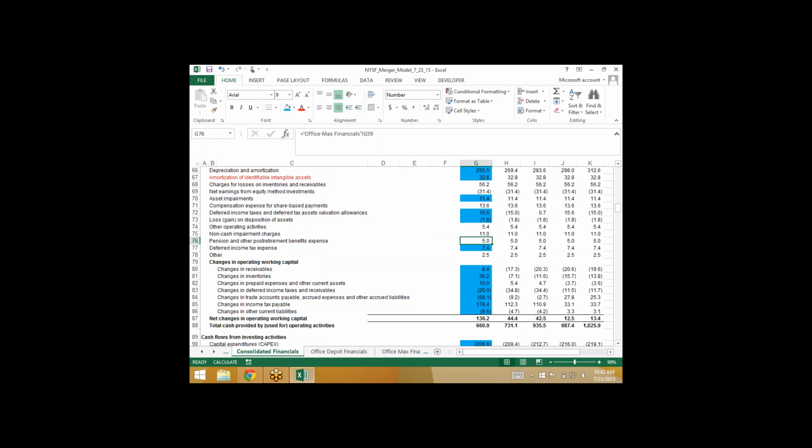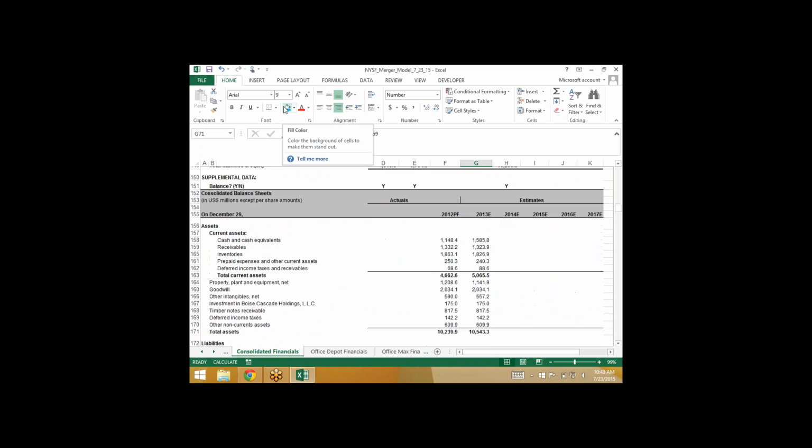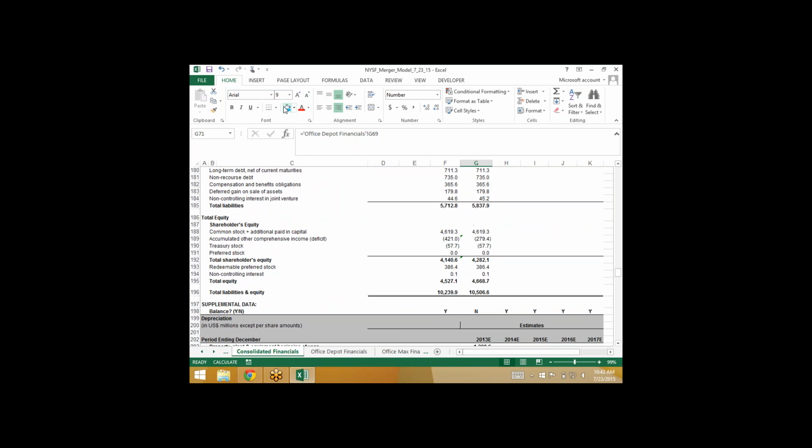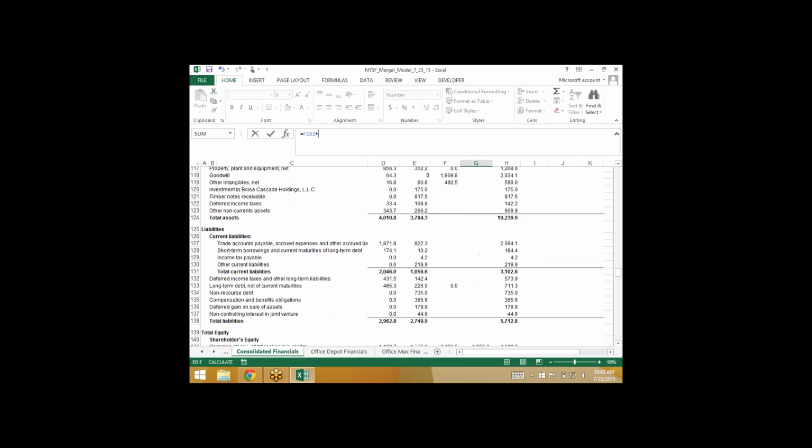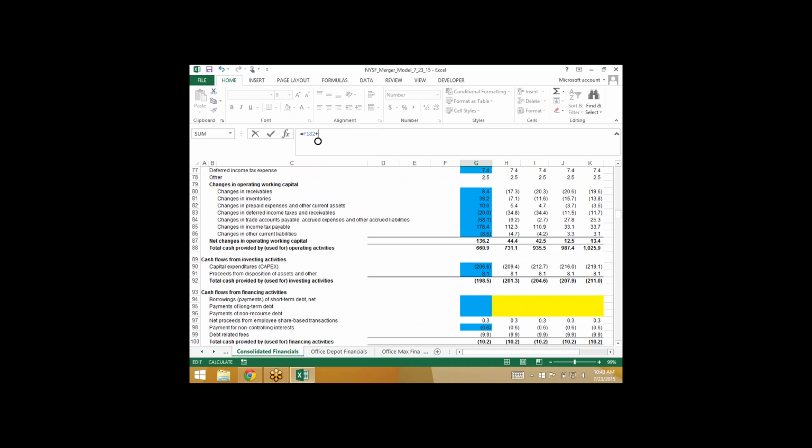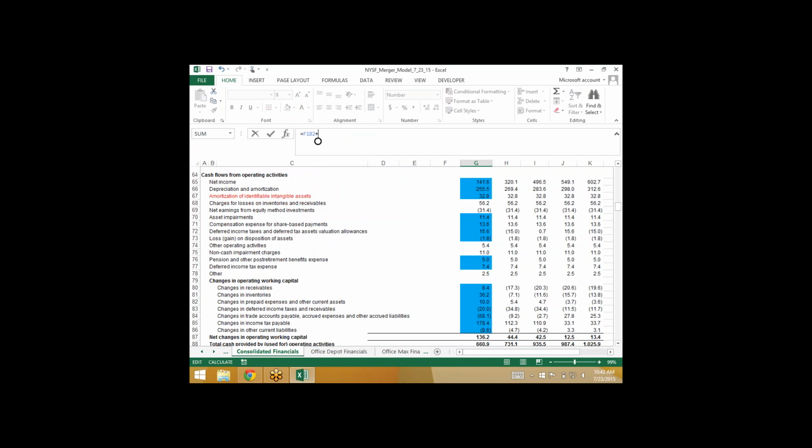So anything related to compensations, benefits, that's pension and compensation, 71 and 76, I'd link in there. So I guess taking best guesses. Plus 71 plus 76.